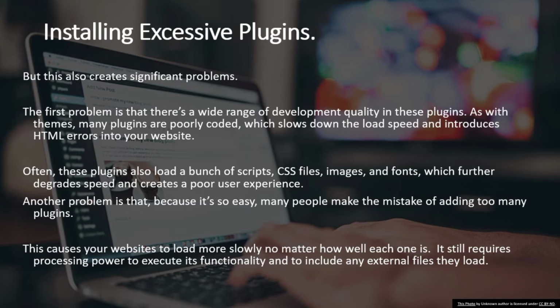As with themes, many plugins are poorly coded, which slows down the speed of your website and also introduces HTML errors. Often, these plugins also load a bunch of scripts, including CSS files, images, and fonts, which further degrades your speed and creates a poor user experience.